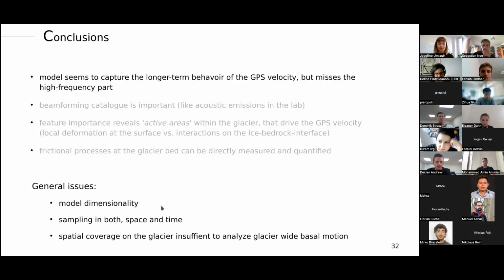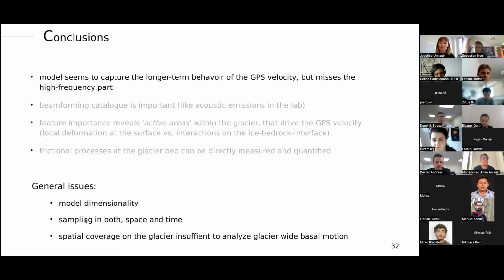There are some general issues coming with that data set. One month of data is great for the glacial environment for such an array, but for a model, not much to train on, especially when the GPS has a sampling of 1 hour, then there are just not many observations.